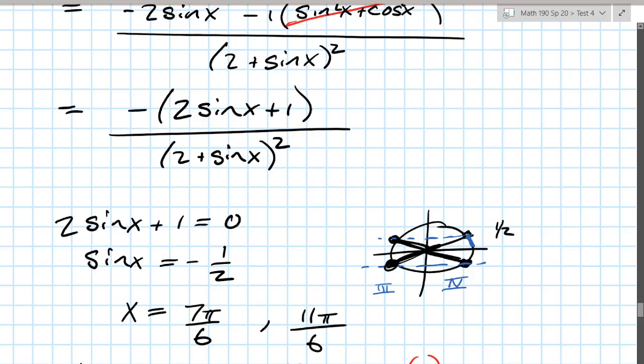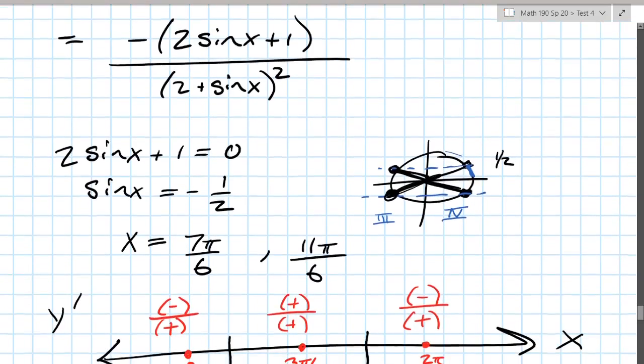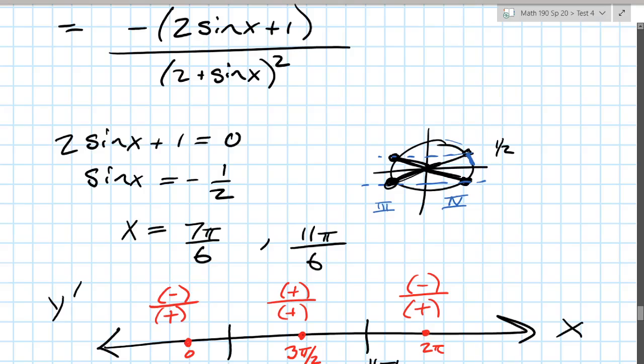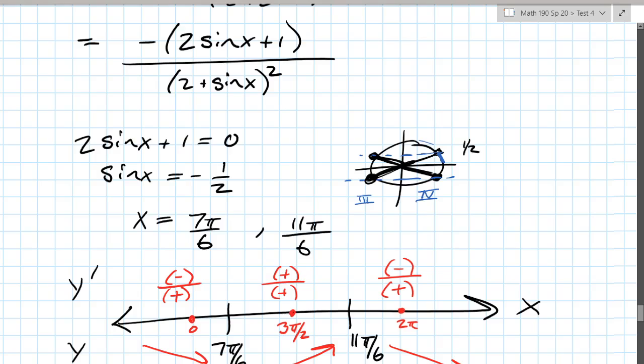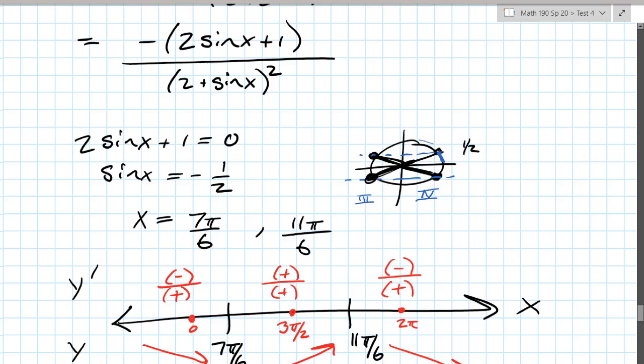So when our angle is 7 pi/6 and 11 pi/6, that'll give us a -1/2. Those are our critical values, and from that we'll get our test values and do a number line.